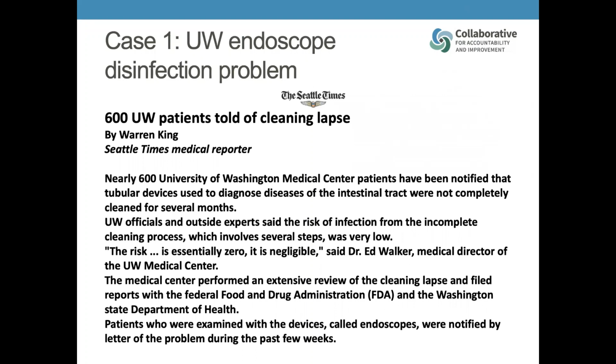But the medical center worked extensively to understand what happened, filed a report with the FDA and the Washington State Department of Health, and made a decision that they were going to go ahead and notify patients, who were notified by letter within a few weeks of the problem.